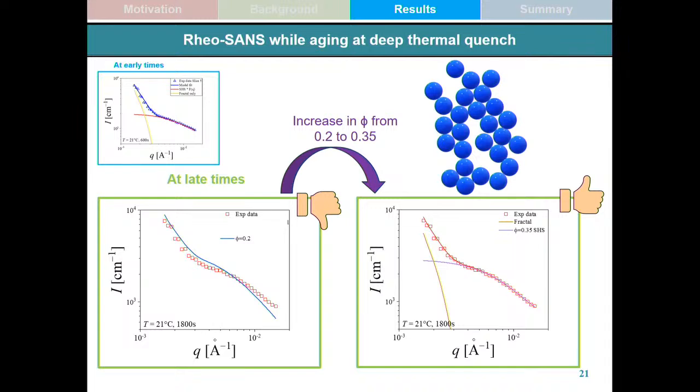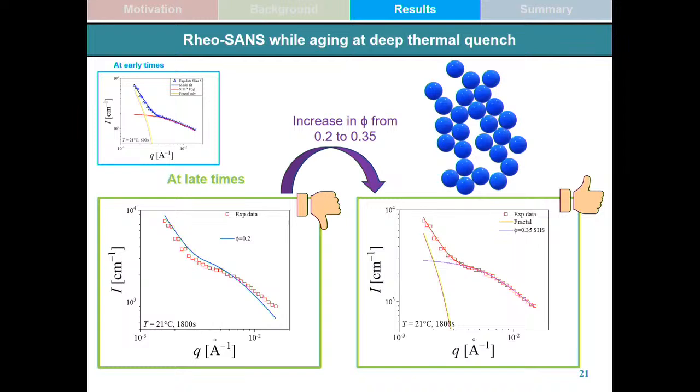So this suggests that maybe at the microstructural level, the system is phase separating into colloid-rich and colloid-lean regions, due to which the volume fraction locally is increased, and therefore a higher volume fraction of 0.35 is now able to predict the experimental data well. So the scattering data also suggests that locally there is an increase in the volume fraction, and it's the interconnection between the colloid-rich phases which leads to the viscoelasticity in the material.